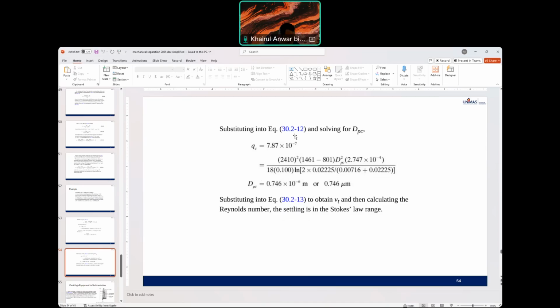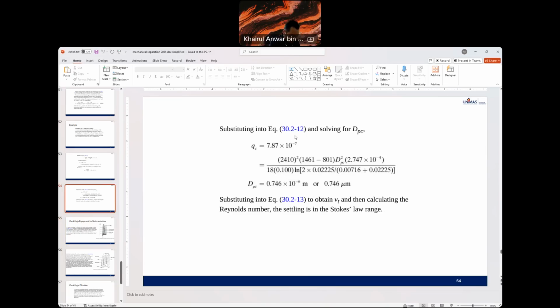Equation 30.2-13 is for Vt only. Then you calculate the Reynolds number for settling in the Stokes law range. The question is asking only until DPC.